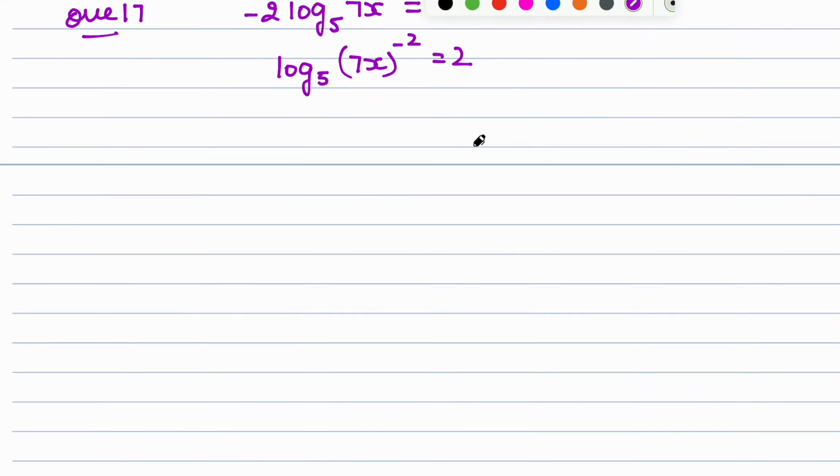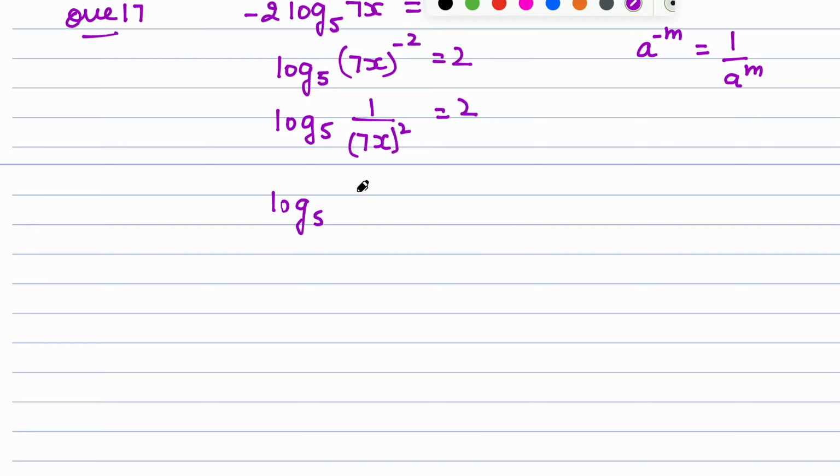Now that has to be positive, right? So if we go with the basic rule of exponents, that is the negative exponent rule, if a has some power which is negative and I reciprocate it, it will change its sign. So positive becomes negative, negative becomes positive. So here I am going to apply this property: 1 over (7x) squared. Now this is positive, it's equal to 2.